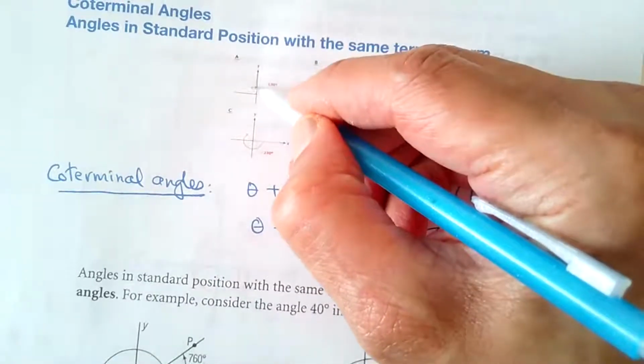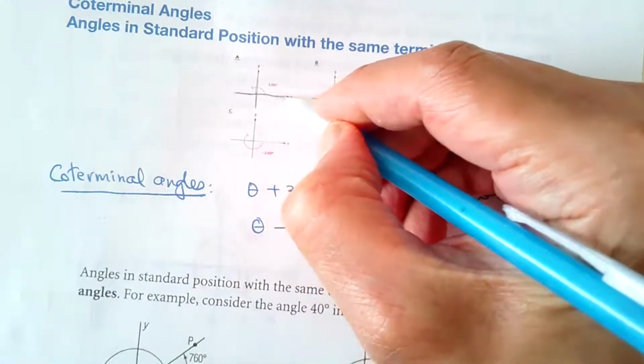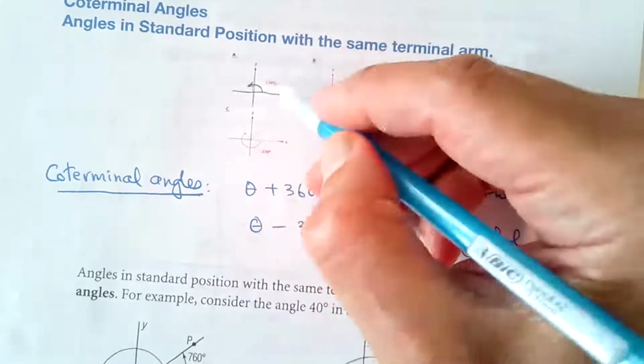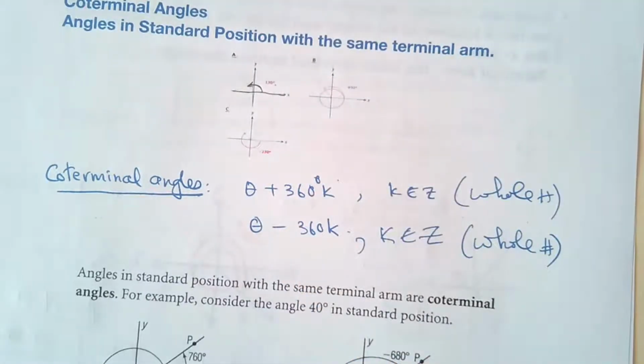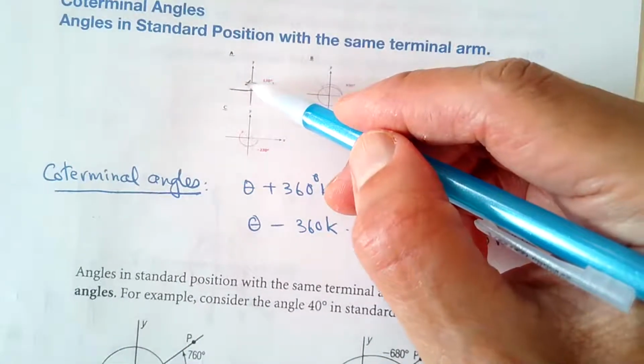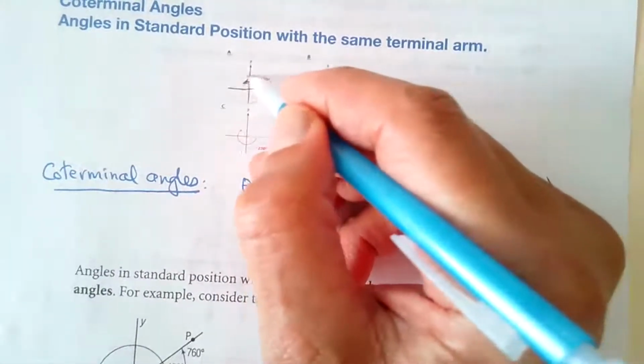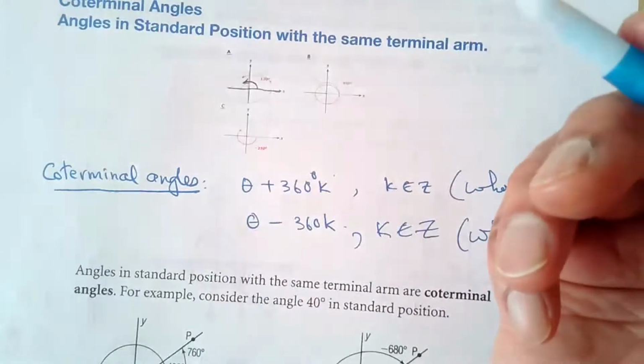So here we have X and Y. Here we're going counterclockwise. That's 130 degrees. If you continue this numerous times, let's say one more time, there's another coterminal arm.